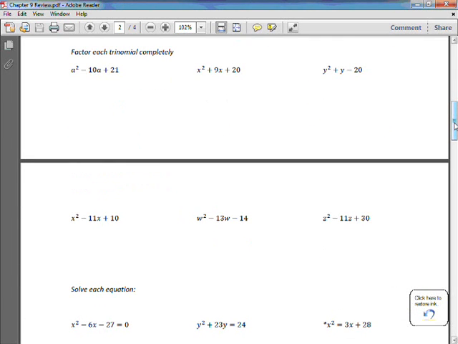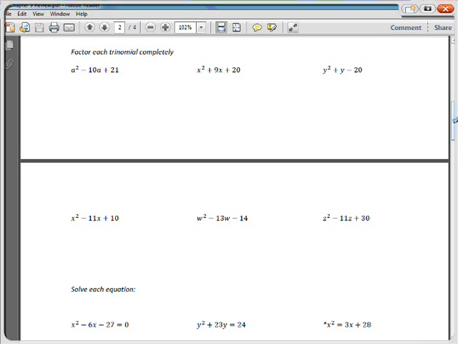On the next section, this is section 3. And remember on section 3, this is when we're factoring a trinomial where the number in front of the squared term, whether it's a squared or x squared, whichever it is, is 1. All you have to do is find two numbers that when I multiply them they equal the last number, but when I add them they equal the middle number.